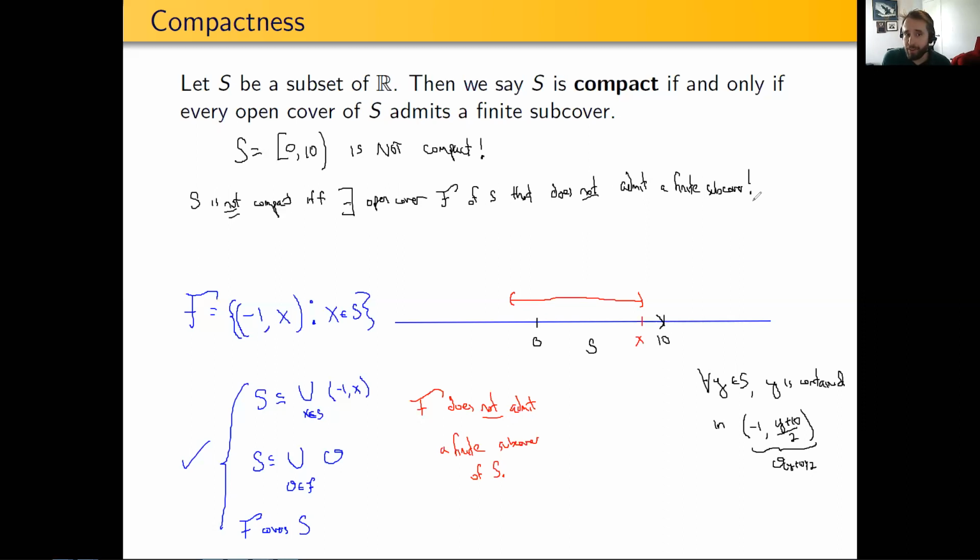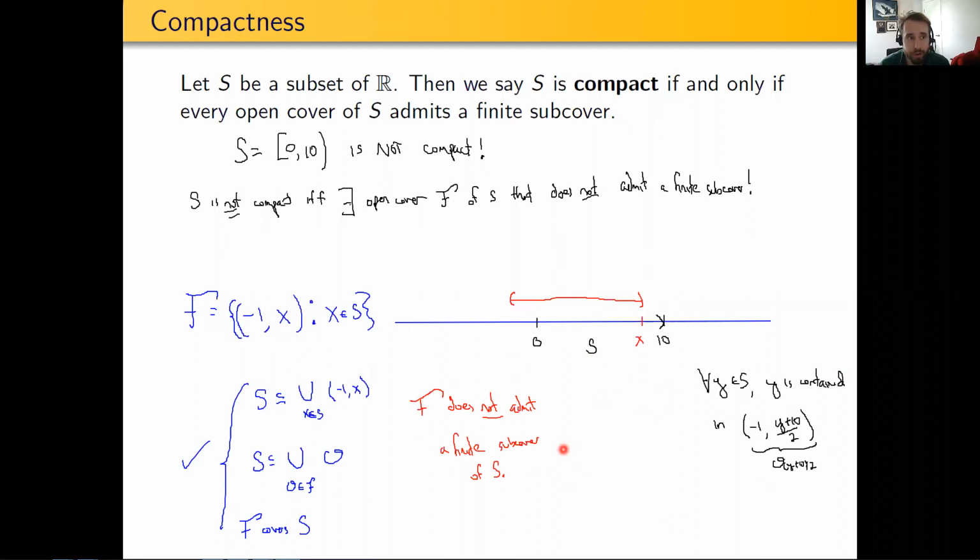Okay, and having negated the definition of compactness like that, we see definitively that S is not compact because we found the existence of an open cover that did not admit a finite subcover.